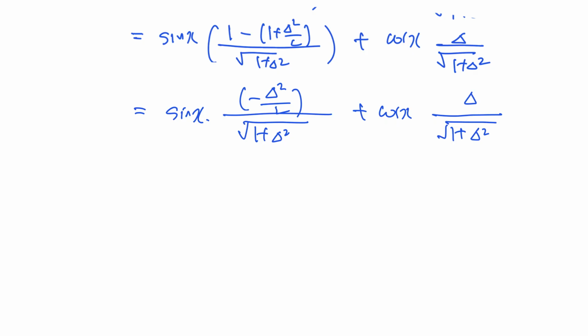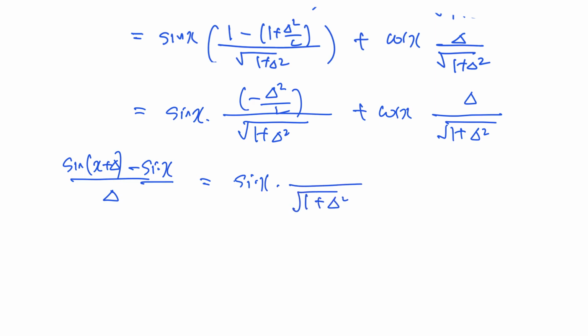So you divide by delta. If you divide sine x plus delta minus sine x by delta, it is sine x times 1 plus delta square minus delta over 2, plus cosine x times 1 over square root of 1 plus delta square.